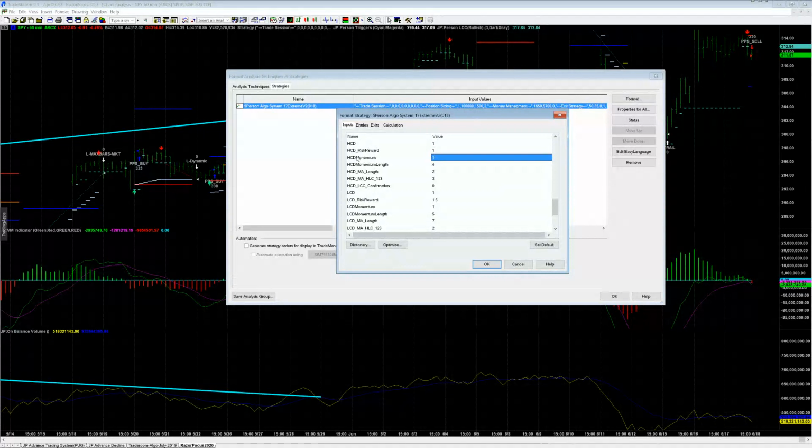Do we use it? Yes or no? So 1 means yes. Momentum length. What this means is, and it's optimizable, once again, you can go and optimize this. So what does Hcd momentum length mean? It simply means that if the market's down, the close above the doji's close, in this case with the setting of 4, and I don't have an example on this board right here, but let's pretend this is a doji.